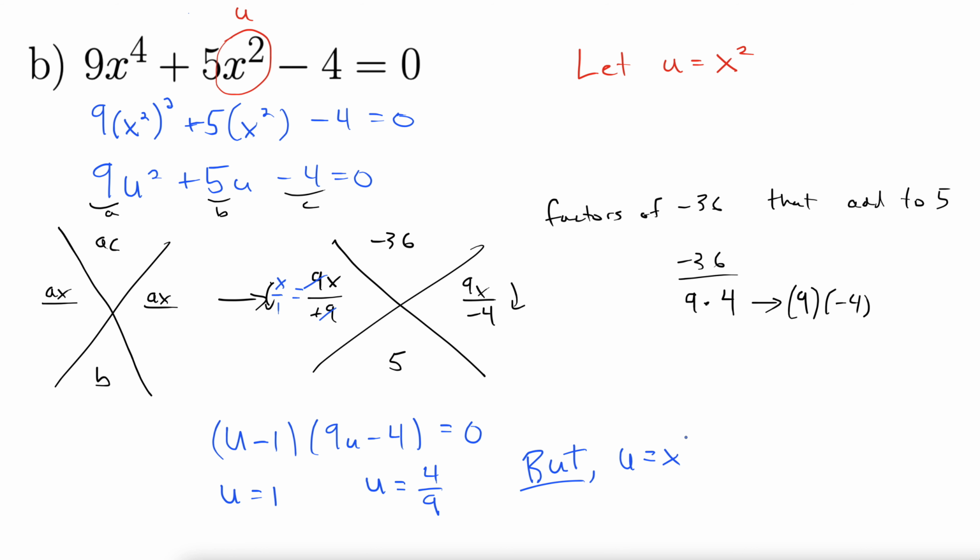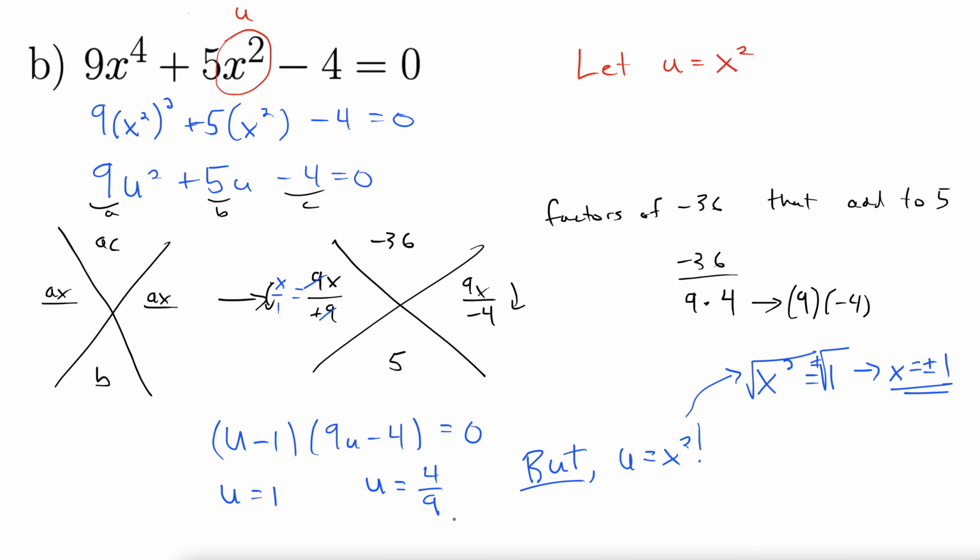U is actually x squared. So we back substitute that in. I'll go up here with it. We have x squared equals 1. Take the square root of both sides. Tack on a plus or minus. That gives us x equals plus or minus 1. There's two answers.